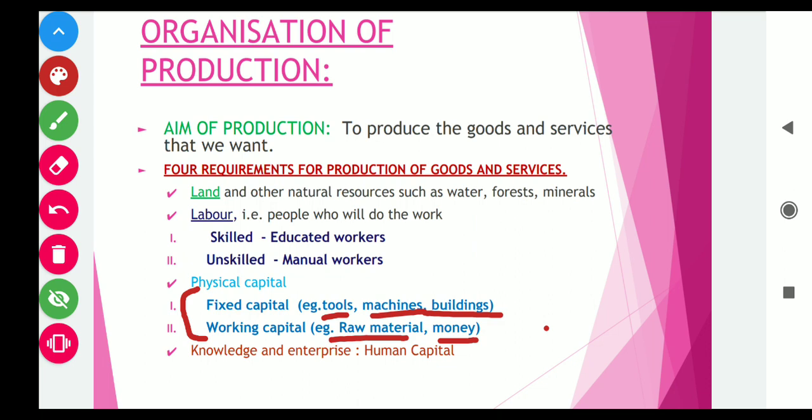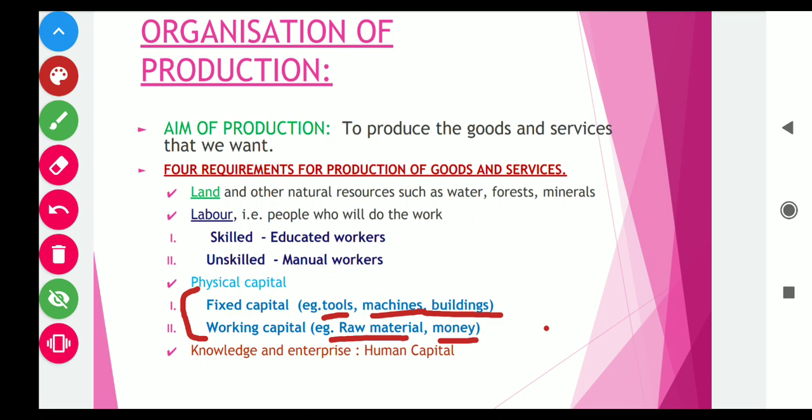But other than these, we also need fertilizers, seeds, pesticides, which are required to be purchased for every production year. For industries, for steel plant, iron ore, coal, these are the inputs that is required for every production year. So, physical capital are of two types, fixed capital and working capital.